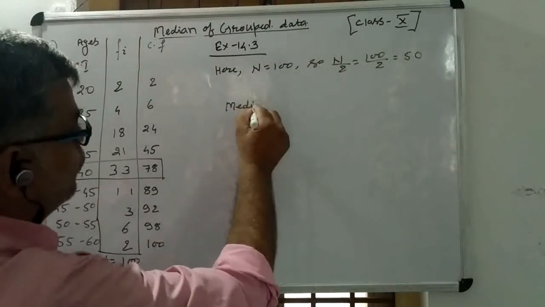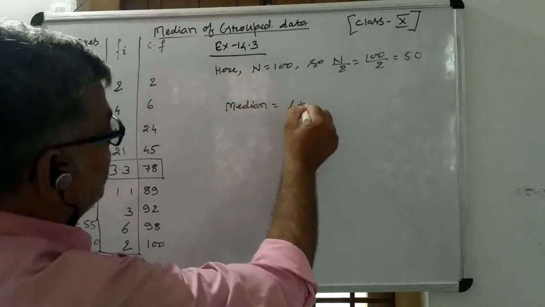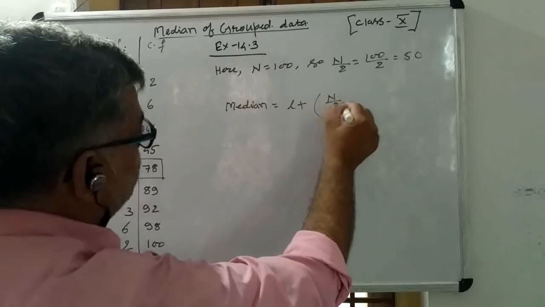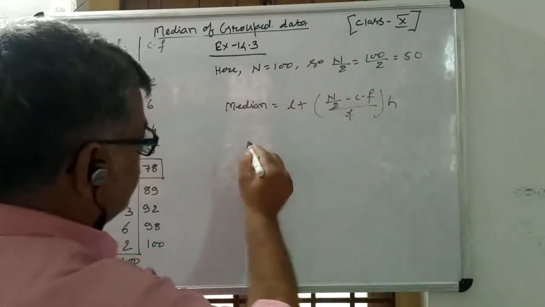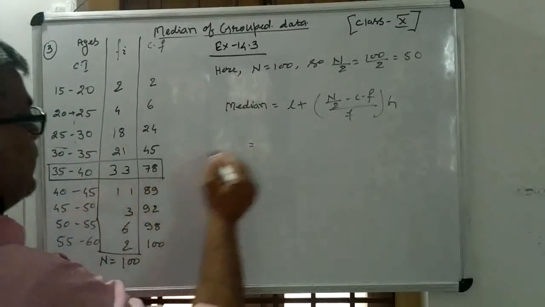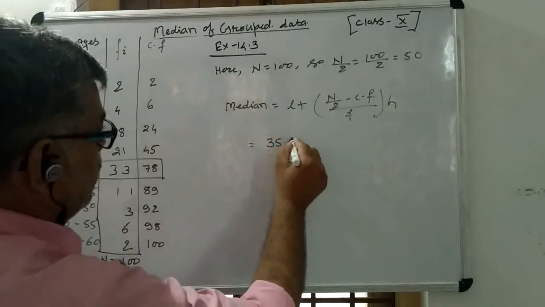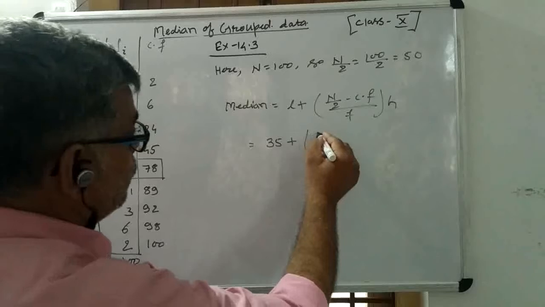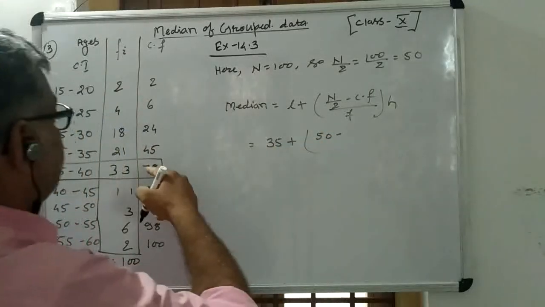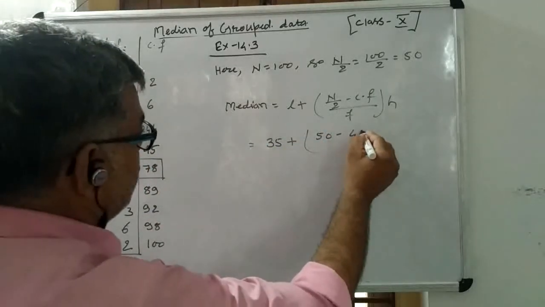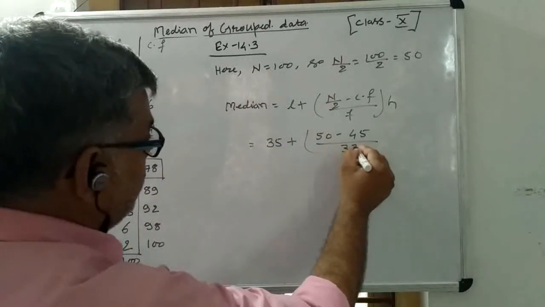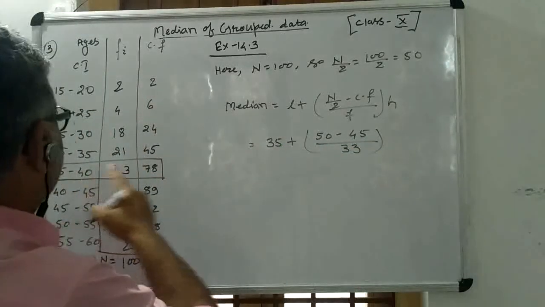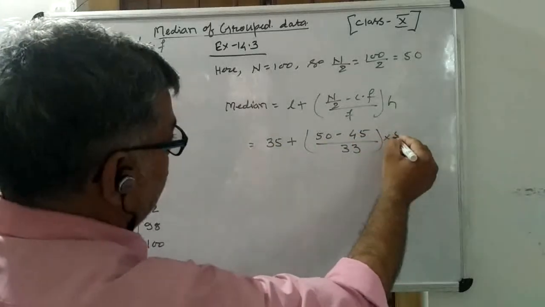Now apply the formula for median. Median equals L plus n by 2 minus CF by F into H. Here L is 35, plus n by 2 equals 50, minus CF of the class preceding the median class, that is 45, and F equals 33, into H. H means 5.